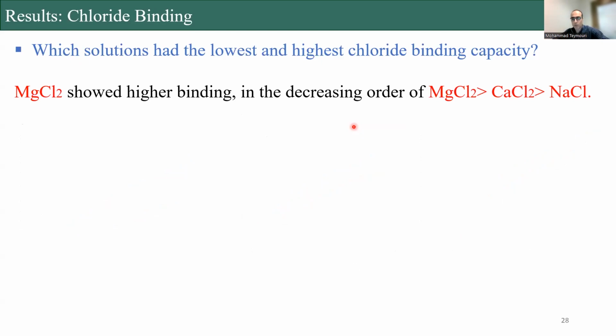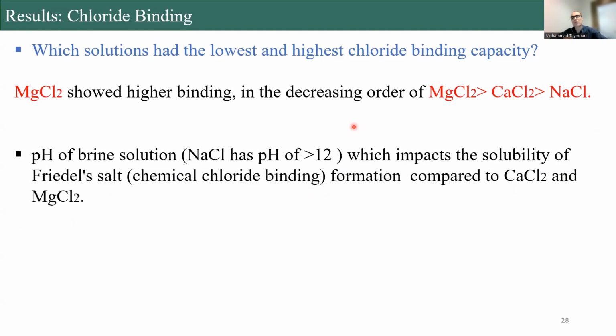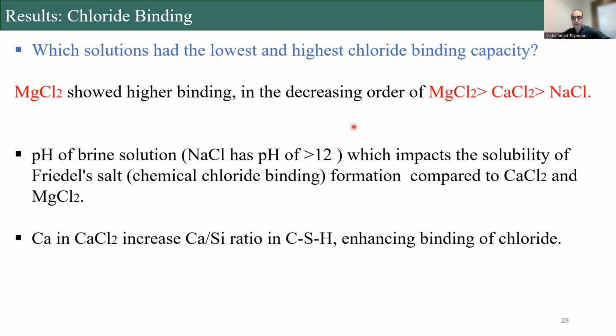So which one had the highest binding capacity for the solutions? I said magnesium chloride, and then calcium chloride and sodium chloride. And the main reason is because of the pH of the solution and the system for these three solutions are different. We need to take it into account. And also they impact the structure of the CSH, the calcium to silica ratio. I don't want to go to the details because it would be very boring for you, but you need to have a clear understanding that we have different salt solutions.